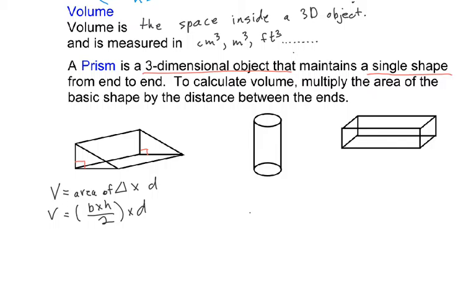Now, when we take a look at our cylinder, we have two repeated sections. We have two circles for repeated sections. So we're going to follow the same rules as before.